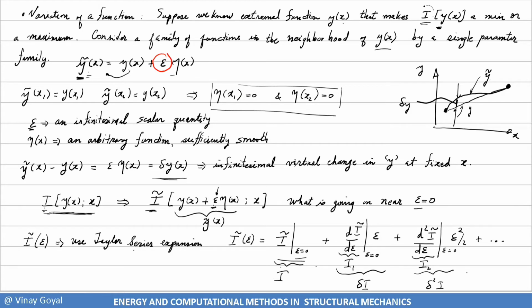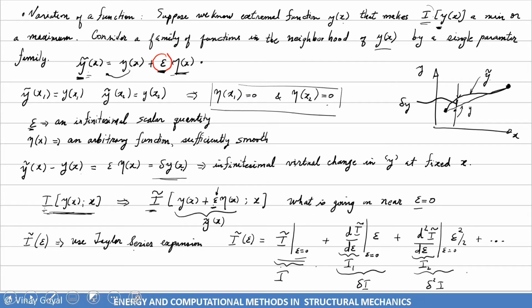To do that, I'm going to look at the family of functions y tilde, parameterized by epsilon and eta, and they have to satisfy these endpoints, so eta at x1 and x2 has to be equal to 0. Epsilon is infinitesimally small, and I'm going to select functions eta that are arbitrary. Then y tilde minus y is epsilon eta, which I'm calling the first variation of y.